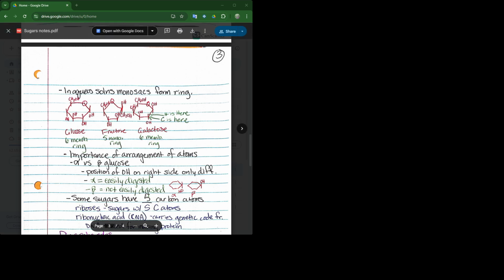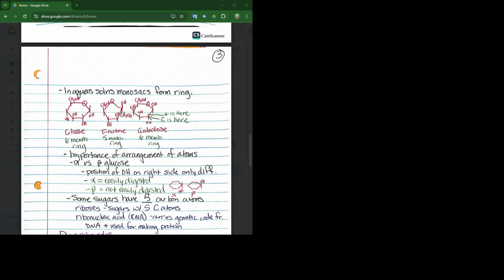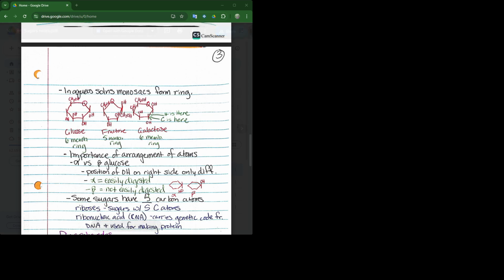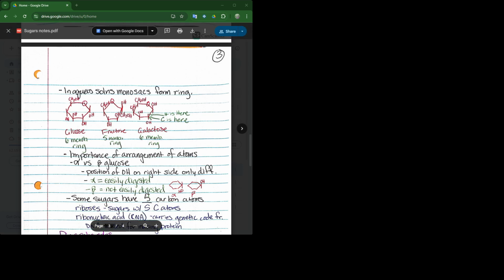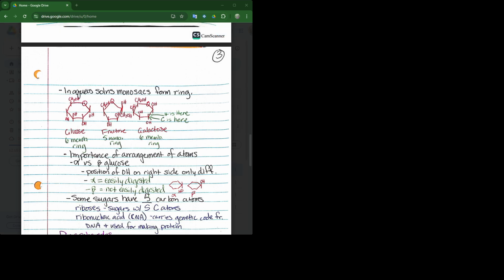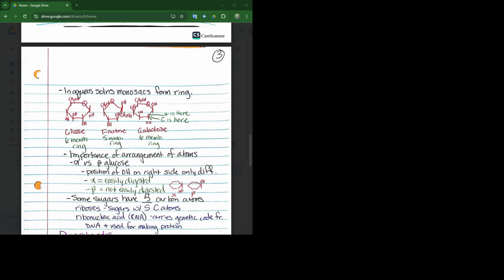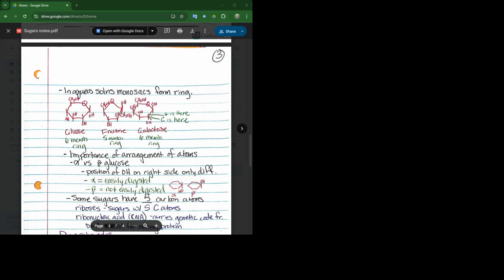So how do I sum that up into a way smaller couple of notes, right? The position of the hydroxyl group on the right side is the only difference, right? And alpha equals easily digested, beta equals not easily digested. And to emphasize that position of the hydroxyl group, I'm just drawing a little alpha and beta glucose, missing a lot of parts, right?